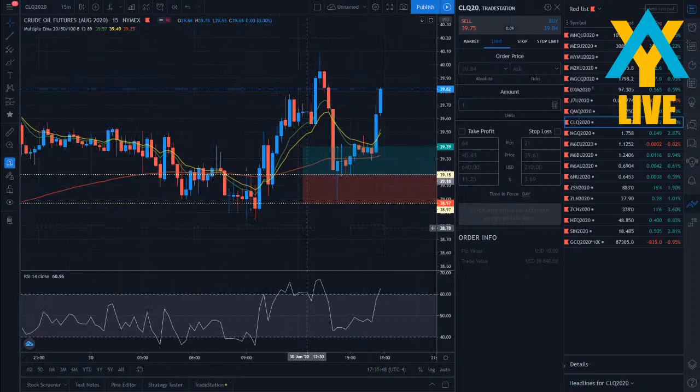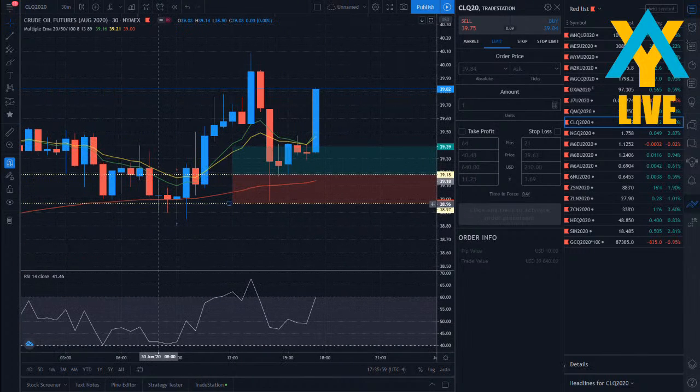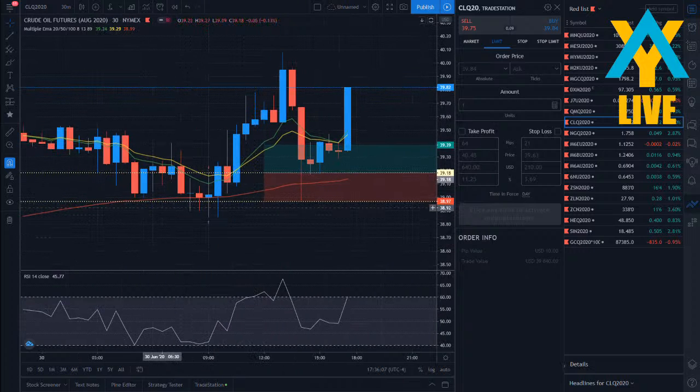So in retrospect, there are some warning signs that I could have taken a look at. This is a 15-minute chart. If I go to even a 30-minute, there were some big warning signs indicating that this is probably not the best idea to take this short, because there's a double tweezer, right?